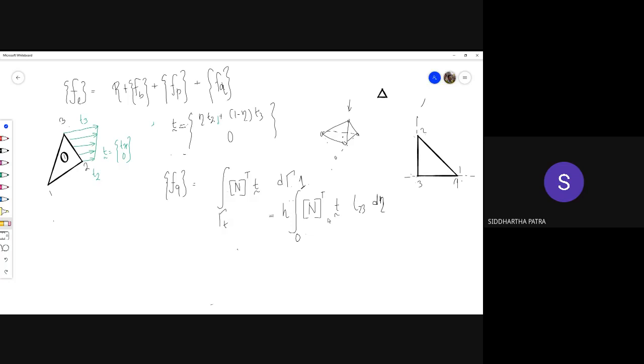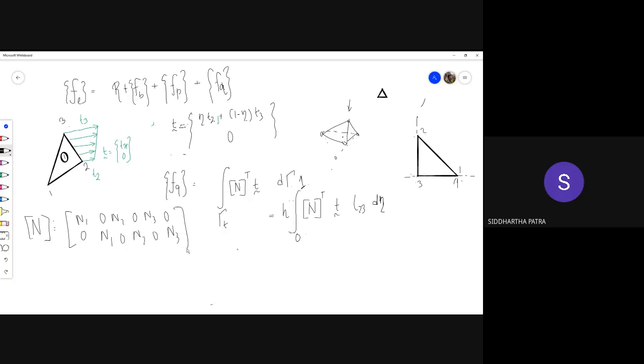Now, if you think about this, you see the matrix of shape function over here. Now this is your matrix, right? N1 0, N2 0, N3 0, 0 N1, 0 N2, 0 N3.